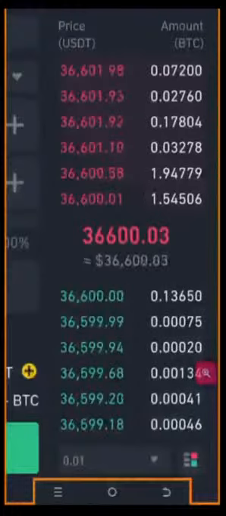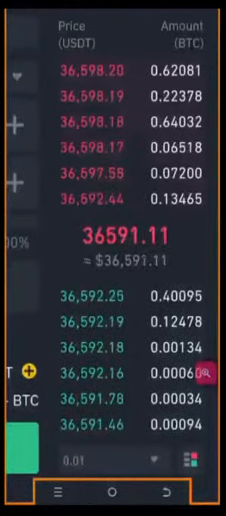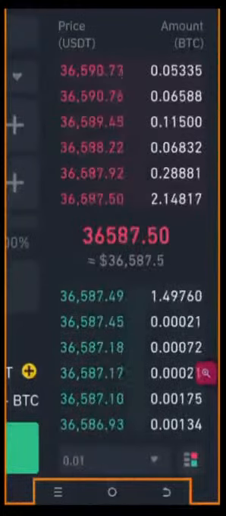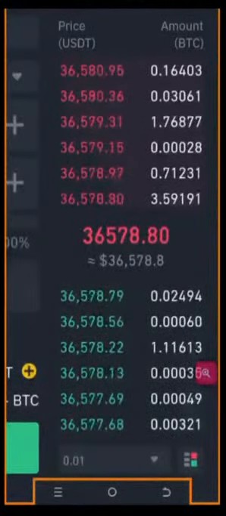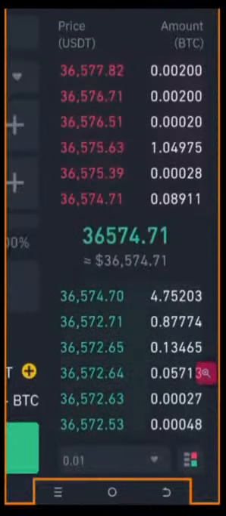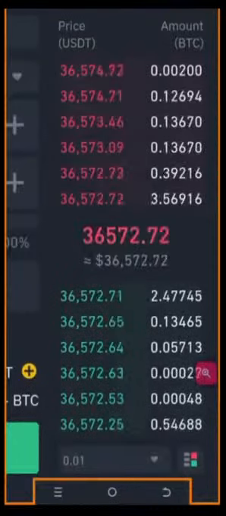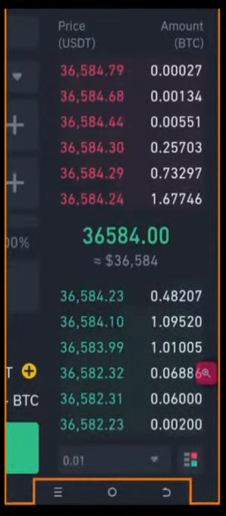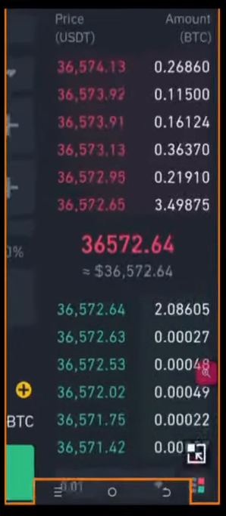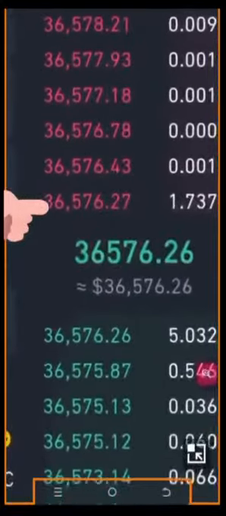Don't choose the center price because it's not going to execute immediately, except for BTC USDT, which is always flipping and flopping because of the velocity, so it will definitely execute faster. But for other trades you want to take, maybe different pairs, you have to choose a higher price. That is the first red, this first red that says 3657276 and all of that.